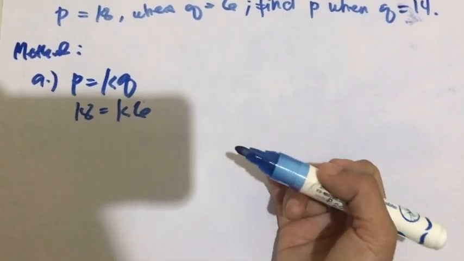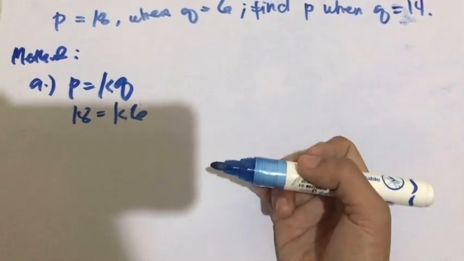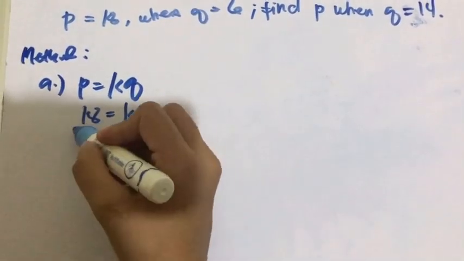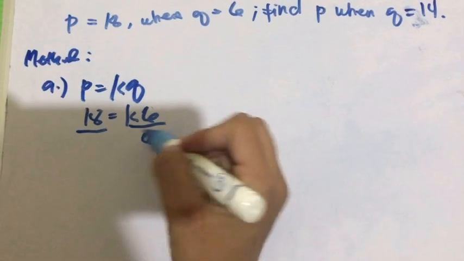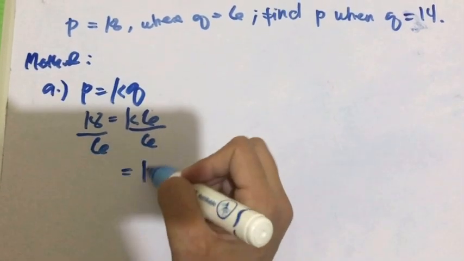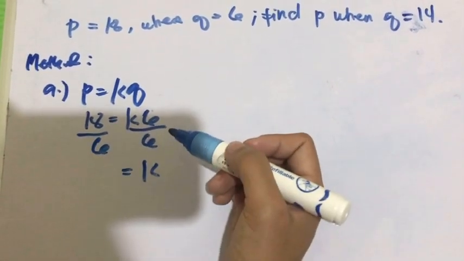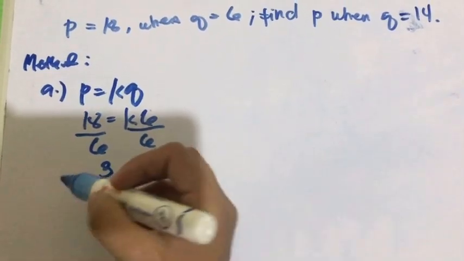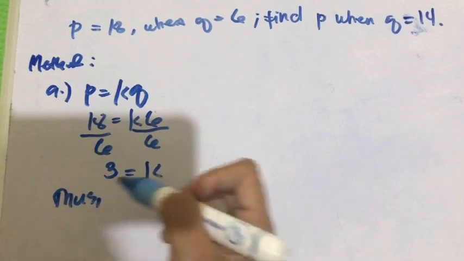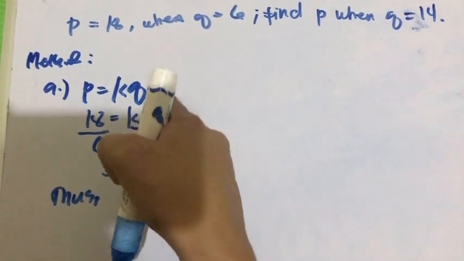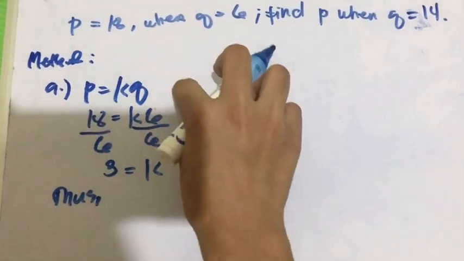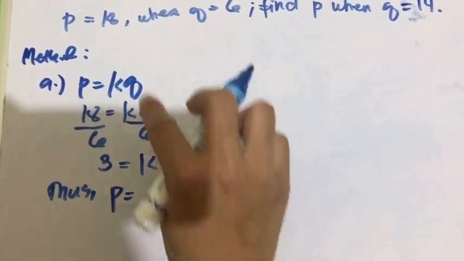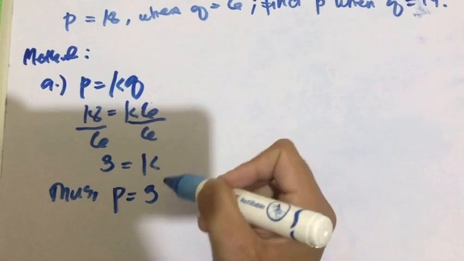Again, our first aim is to get the value of K or the constant of variation. So we divide both sides by 6. So we get K. 18 divided by 6, we get 3. So we have now our constant of variation. Thus, from this given formula, we have P is equal to our K, that's 3Q.